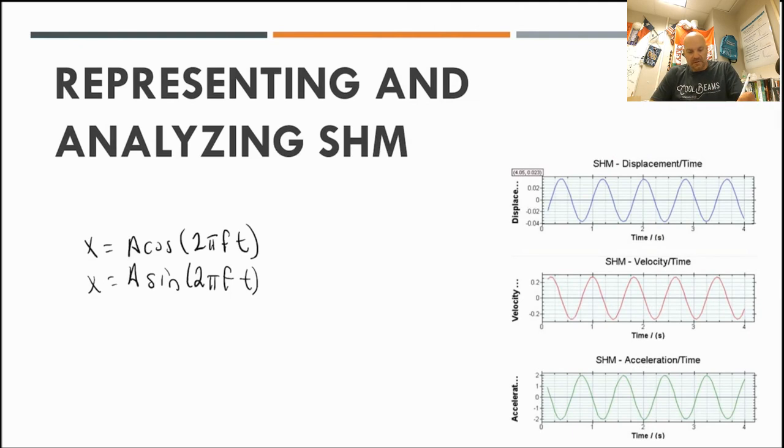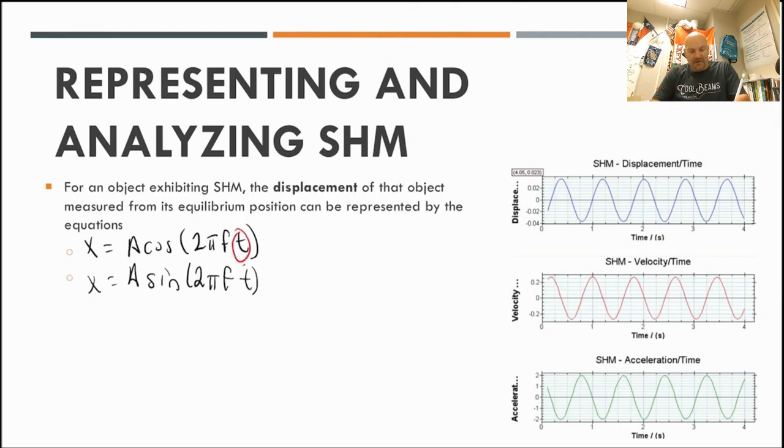So there's a lot going on here, but your independent and dependent variables are x and t. Now the question shows up as, when do I use cosine, and when do I use sine? It all depends on when you start taking your data.